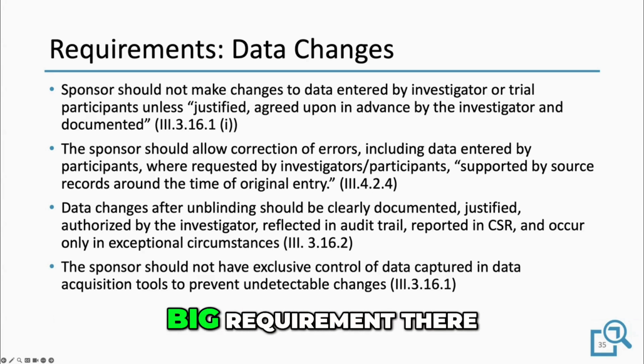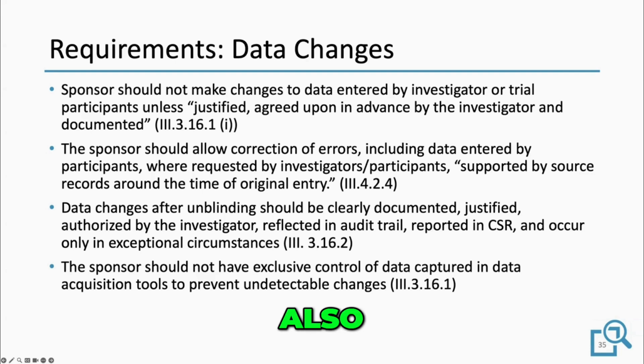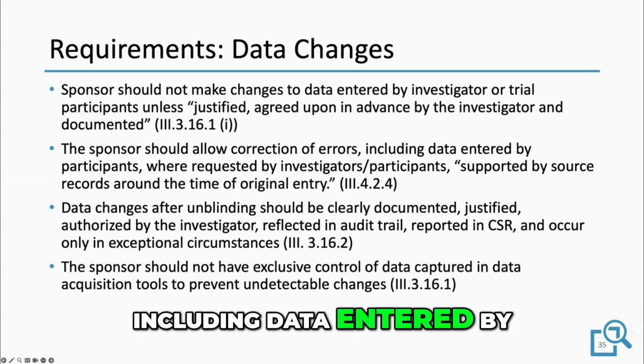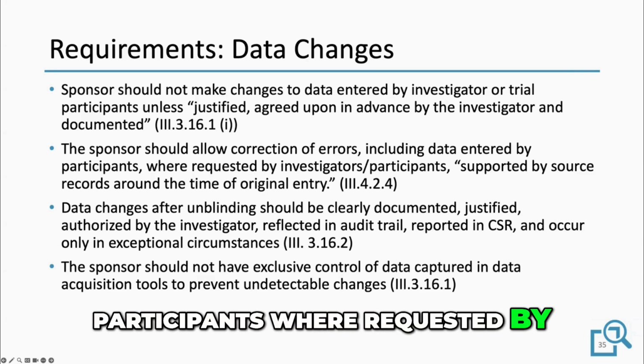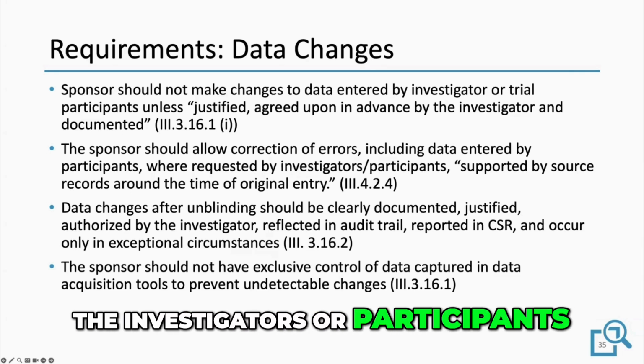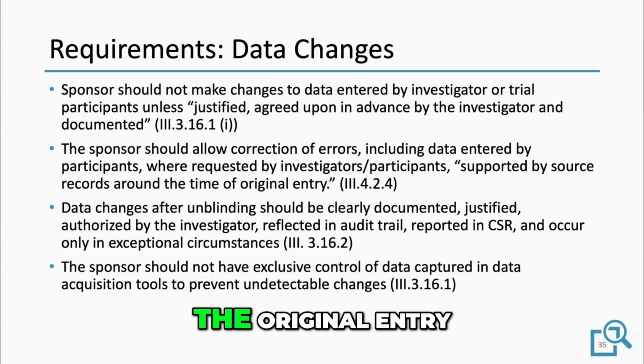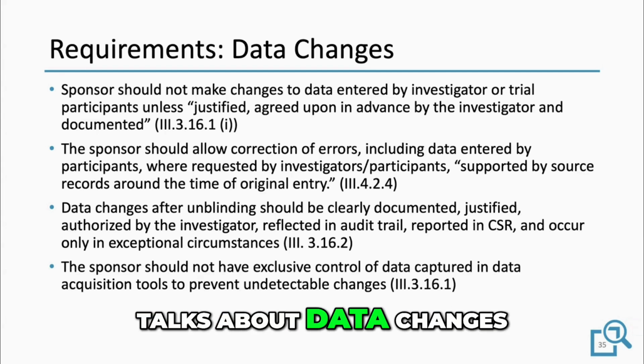That's one big requirement there. Also, the sponsor should allow correction of errors, including data entered by participants, where requested by the investigators or participants. So this must be supported by source records around the time of the original entry. The next one here talks about data changes.